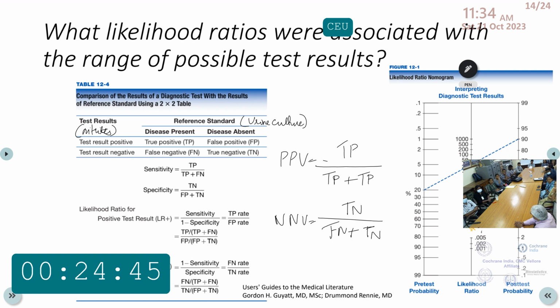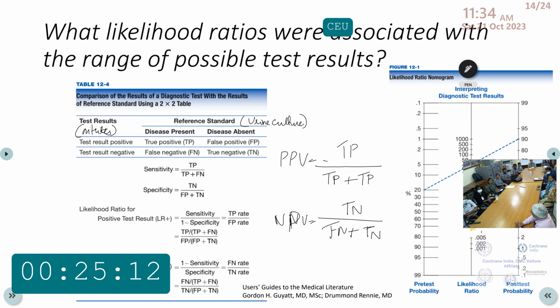So we try and see which is a good square. Among these, TP, TN, which is good? The true positive is where the urine culture was positive and the nitrite was positive. What is the other good square? False negative? No, that's not a good square. Try again.